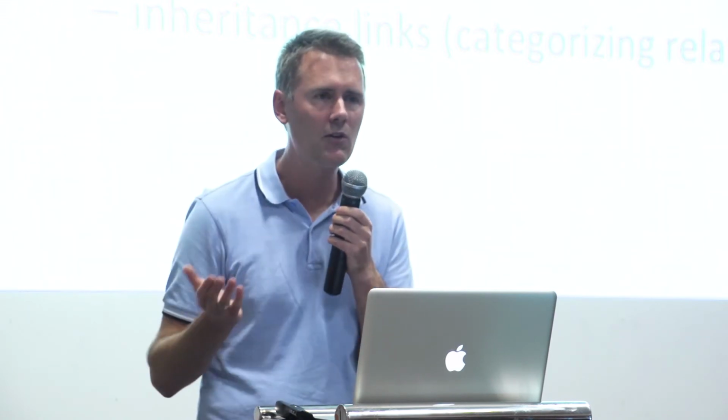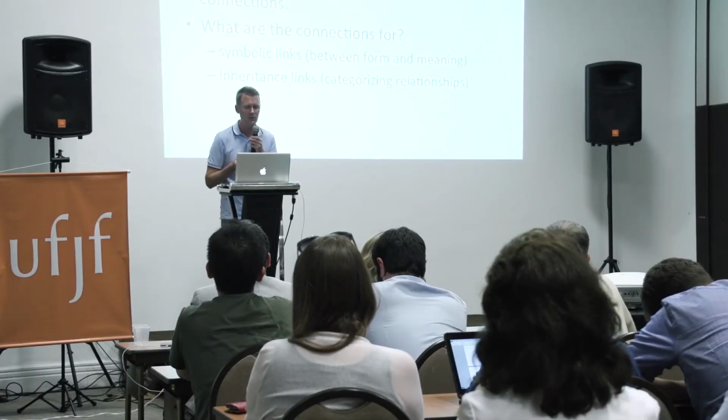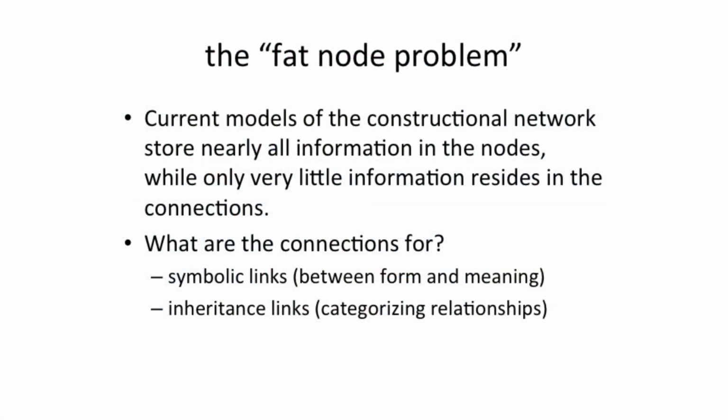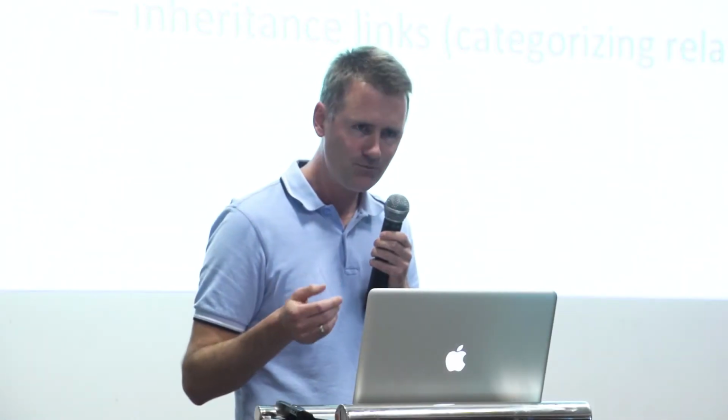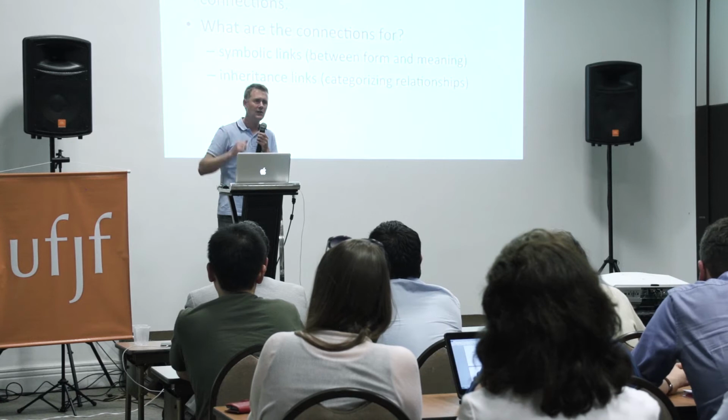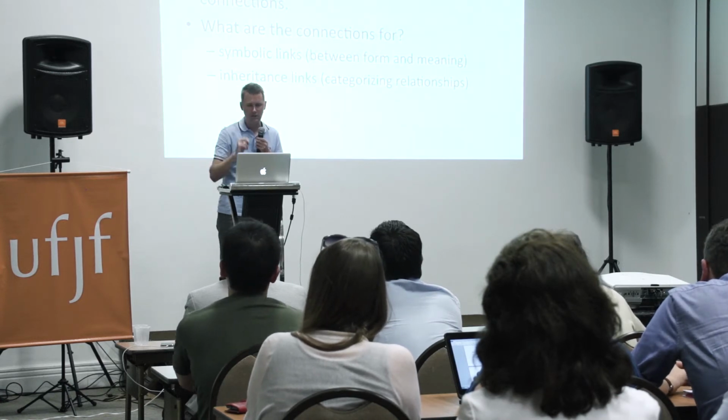So in our current models, what are the connections for? They are for two things, mainly. They are symbolic links between form and meaning, and they are categorizing relationships, inheritance links. So the ditransitive is a kind of verb phrase construction, and so on and so forth.